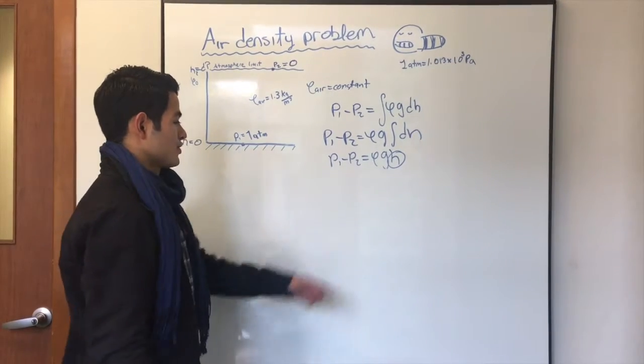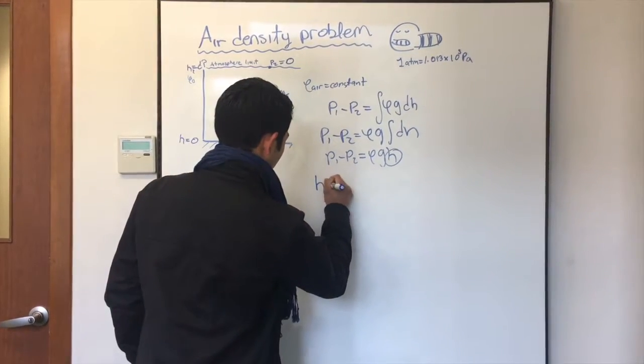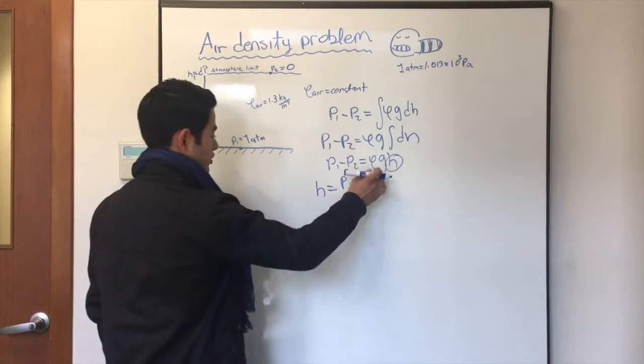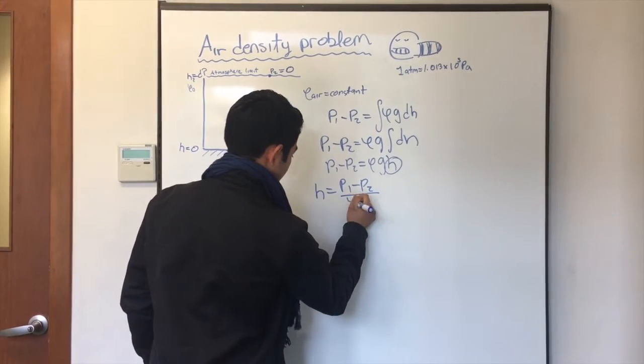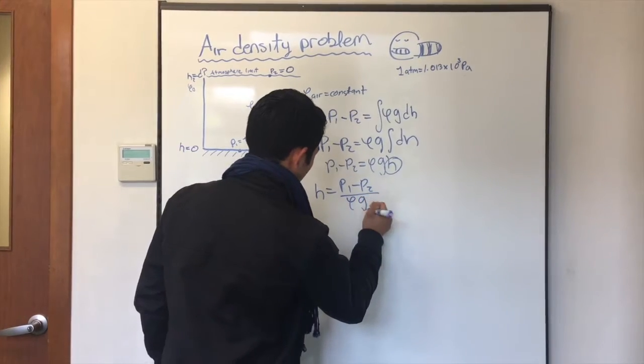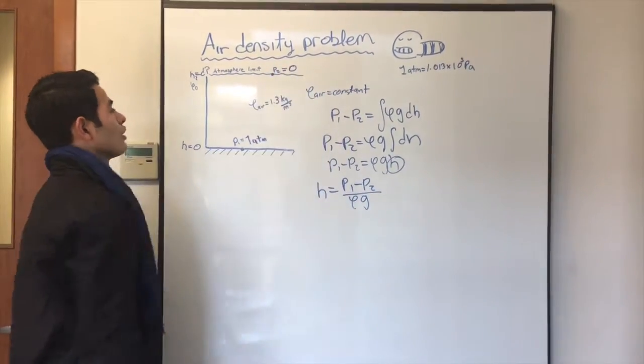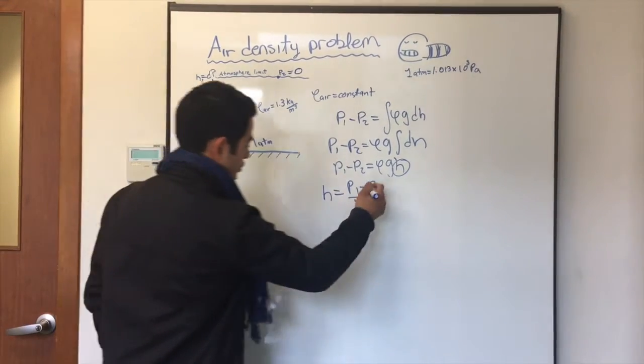We're going to solve for H. So H will be P1 minus P2 over density times gravity. And as our pressure at point 2 is 0, this will be cancelled.